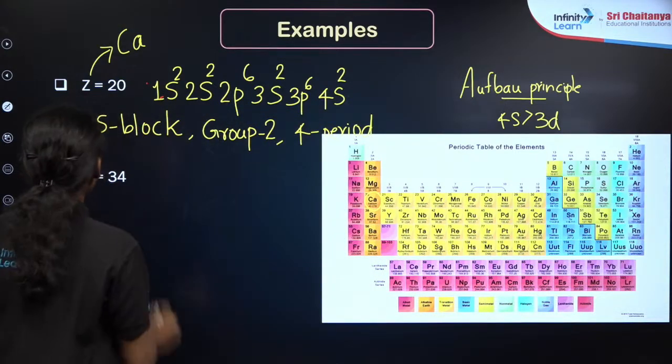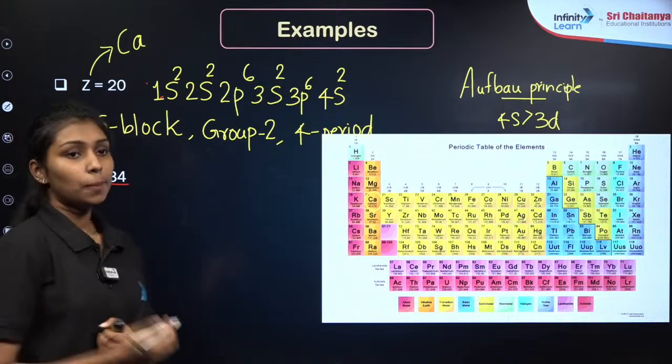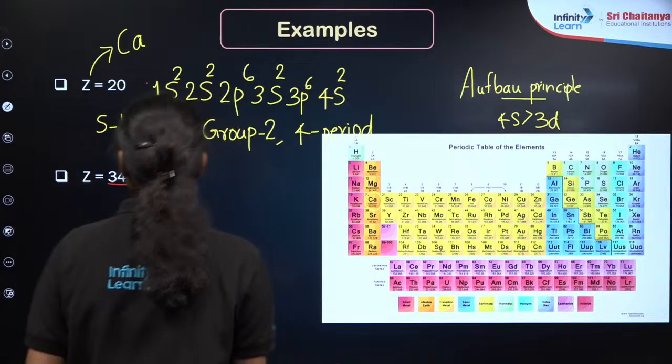Similarly, the next example having Z is equal to 34. Please write down the electronic configuration with me.